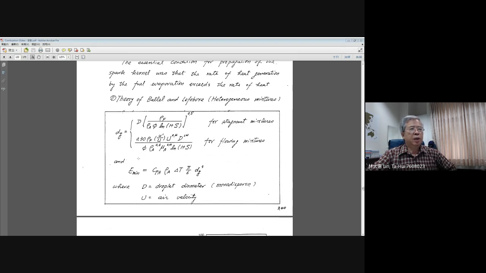Now, I will explain a little bit here. Compared with the previous estimation, D is a mass diffusion, right? This represents a diffusion process that carries out a certain amount of heat. And there is the velocity fluctuation for the flowing mixtures. For stagnant mixtures, we do not consider fluctuation. But for flowing mixtures, you need to think about the turbulent eddy.